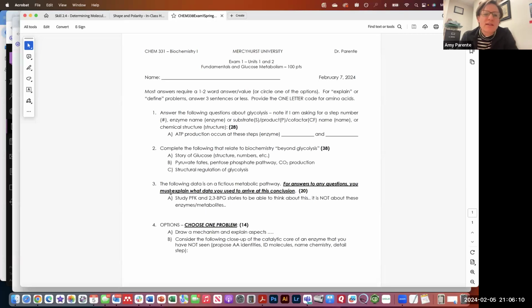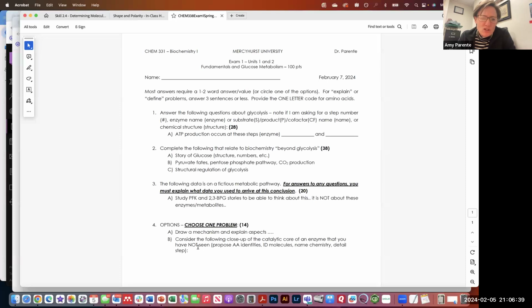So if you understand how these pieces work, you're going to be asked to apply it to a fictitious metabolic pathway. Okay, highlighting it's not about glycolysis, it's not about 2,3-BPG, it's not about oxygen binding to hemoglobin. But if you understand that, you should be able to translate that knowledge onto this fictitious metabolic pathway. So that's a question that's worth about a fifth of your exam.